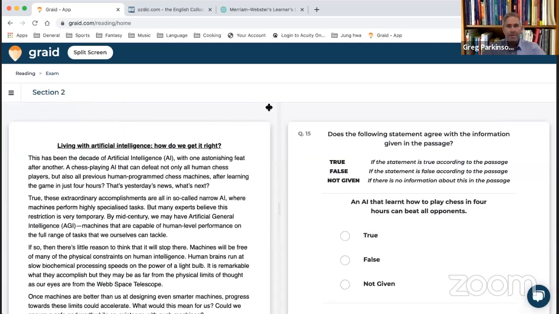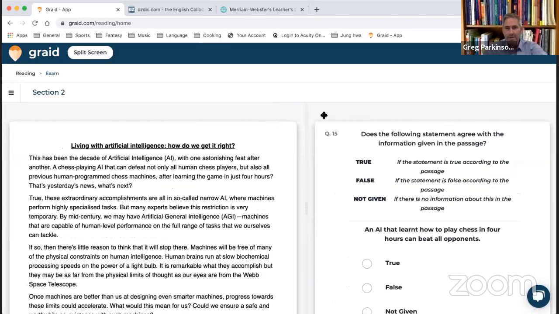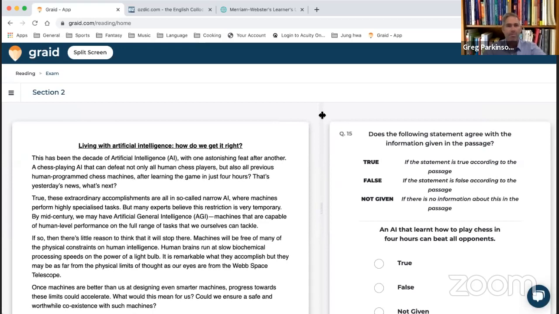And what you'll notice is that there is a split screen, so you can increase the size of the actual text itself. So I'm going to do that for you. Now, last time I gave you a chance to do some skimming. What I'm going to do this time is I want you to imagine you're in the test and you feel like you're running out of time. So you don't have time to skim the whole thing first.